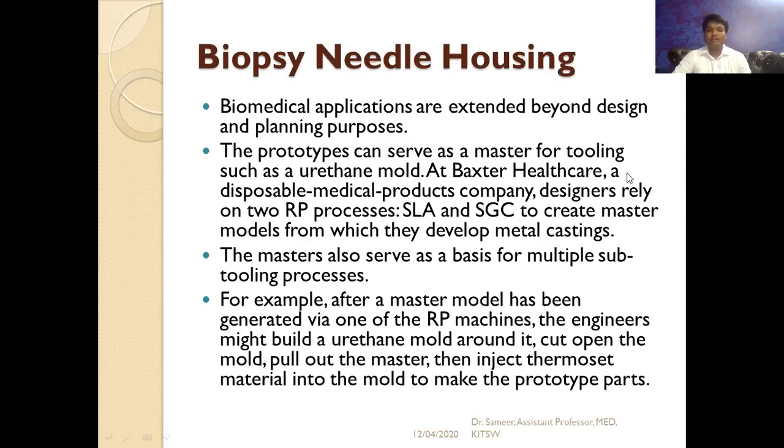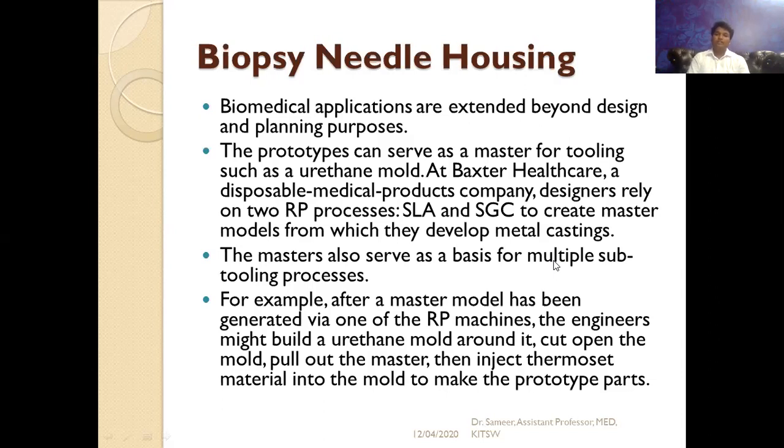At Baxter Healthcare, a disposable medical products company, designers rely on two RP processes, SLA and SGC, to create master molds from which they develop metal castings. Additive manufacturing can also be used for tooling purposes.